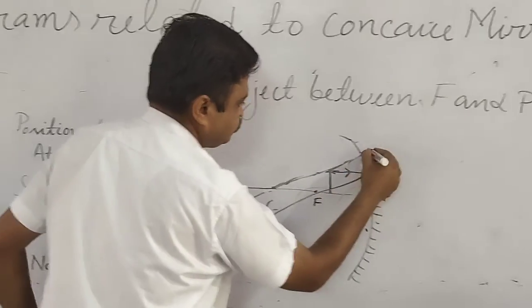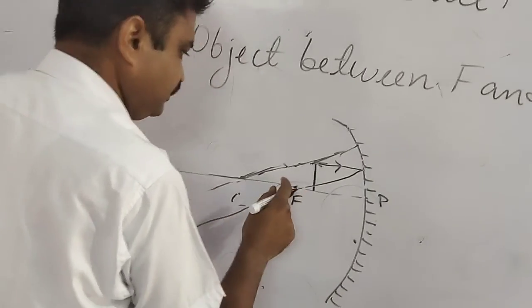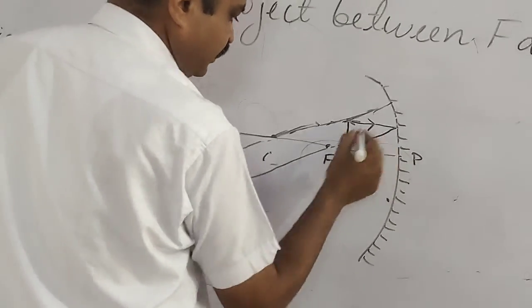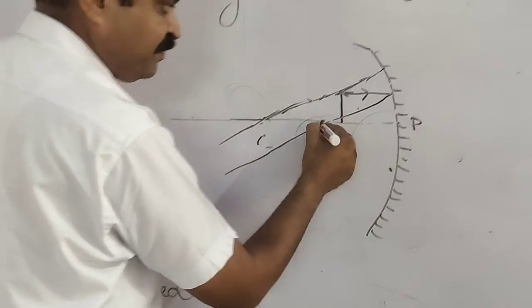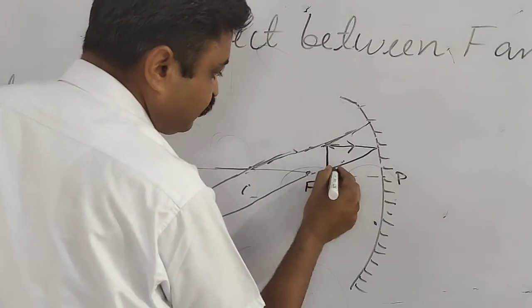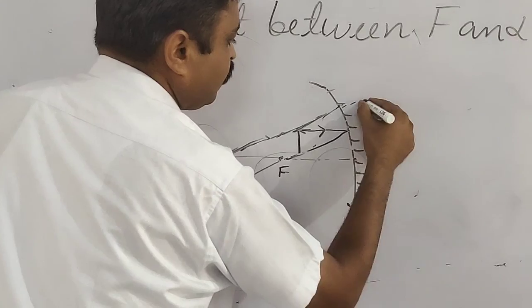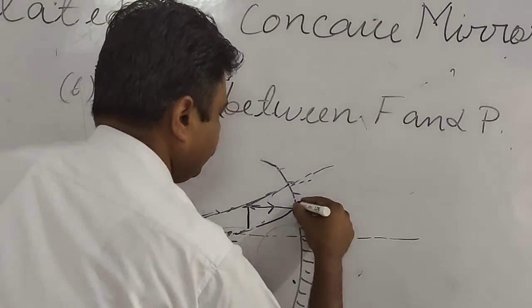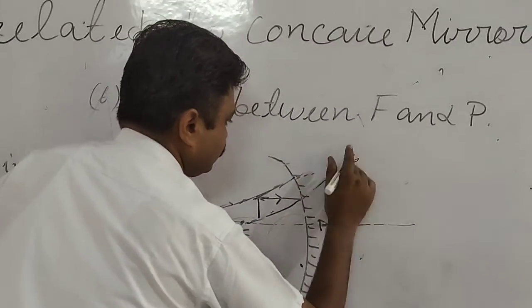Now in this, the rays that pass from the center of curvature and from the principal axis appear to meet up here.